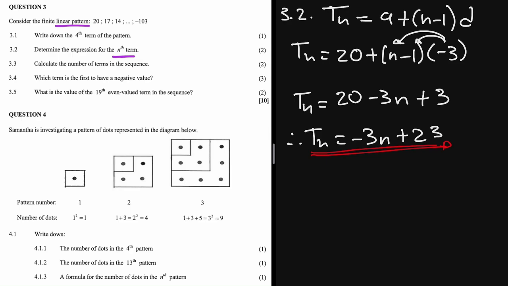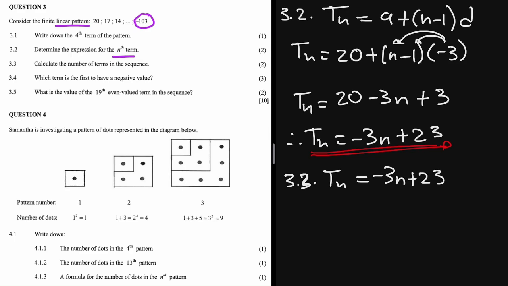So the next question says, calculate the number of terms in the sequence. They already gave us the last term, which has a value of -103. So if we can get the position of the last term, then we have all the numbers in the pattern. So for 3.3, we already have the general term of the problem, which is -3n + 23.